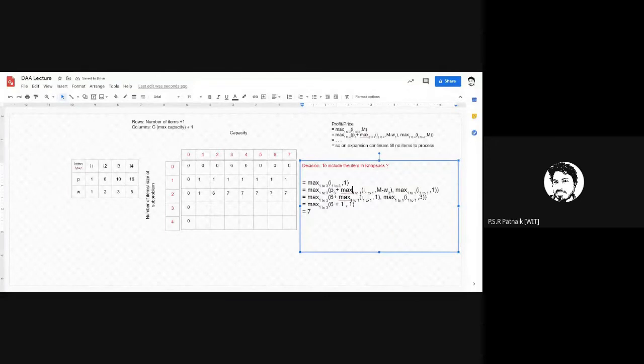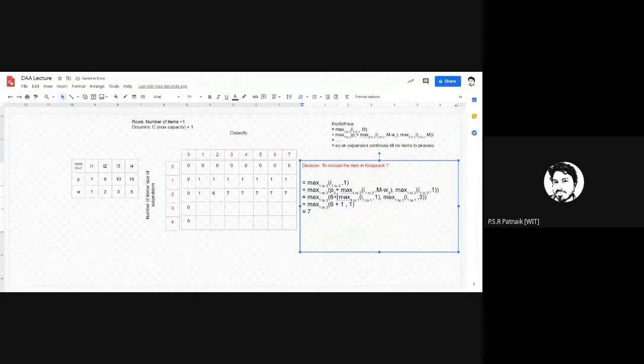And what you will solve for, if you included this, you are solving for the third element, so it will be 1 to 2, 1 to 2, and 1 to 2. This would also be 1 to 2 with capacity. So here it would be not W2, but it would be W3.